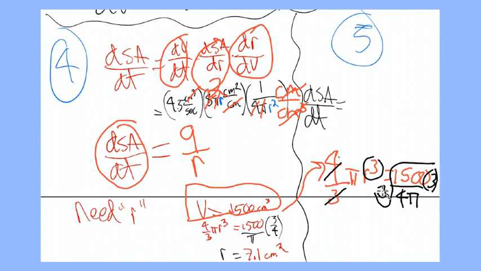So I take my calculator. If you have the black calculator, the TI-36 Pro, it's quite easy. You just type that in, and you're going to get r equals 7.1 centimeters.